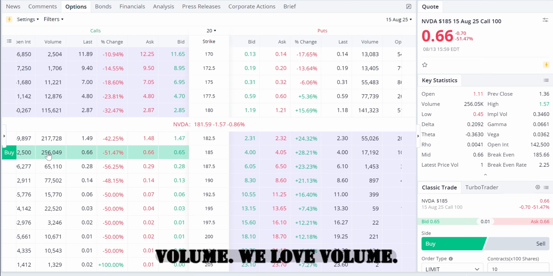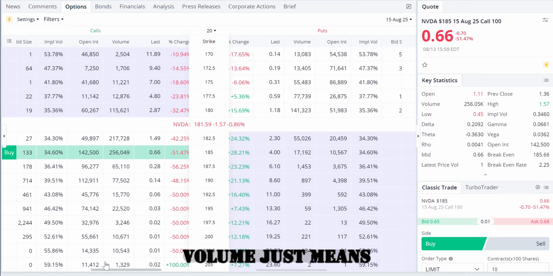Okay, volume. We love volume. Volume just means, for that contract, how many buyers and sellers are there, right? We want buyers and sellers there. So I do not get in contracts if it's not 1,000 or more volume. It has to be 1,000 or more volume.